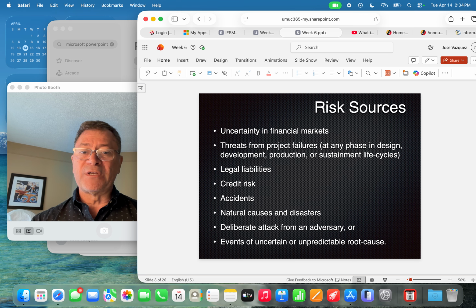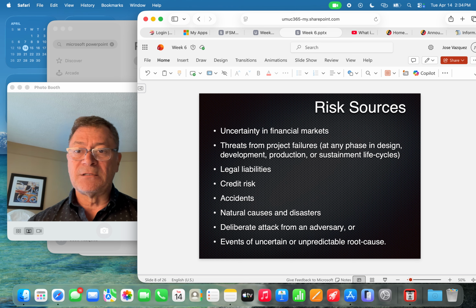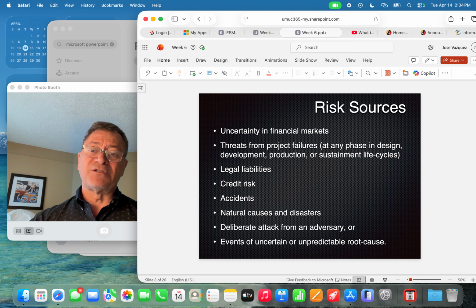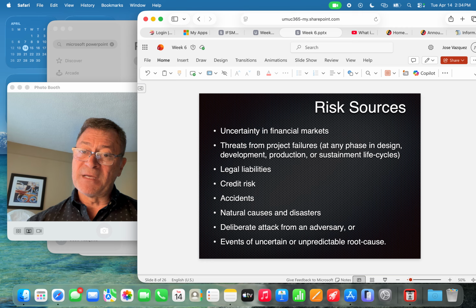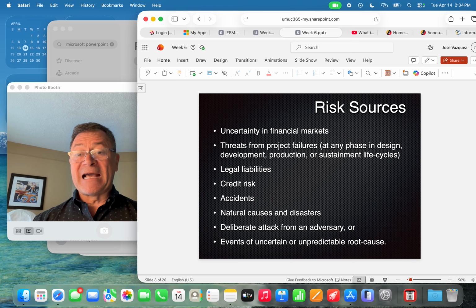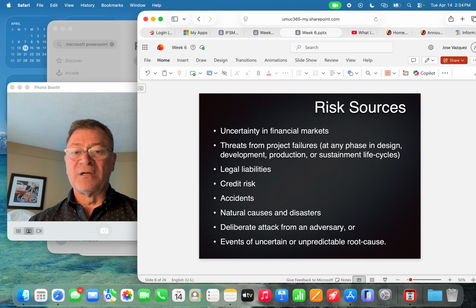All right, the risk sources could be uncertain financial markets, threats from project failures in design, development, production, legal liabilities. Somebody gets into your computer system and extracts members' information and makes it public. Credit risks, accidents happen. And I'm not just talking about an accident where somebody gets hurt. A computer gets destroyed.